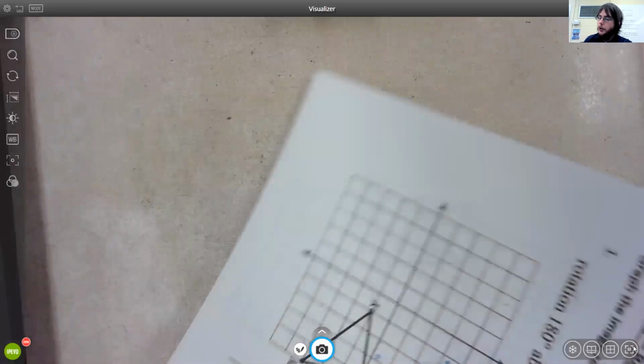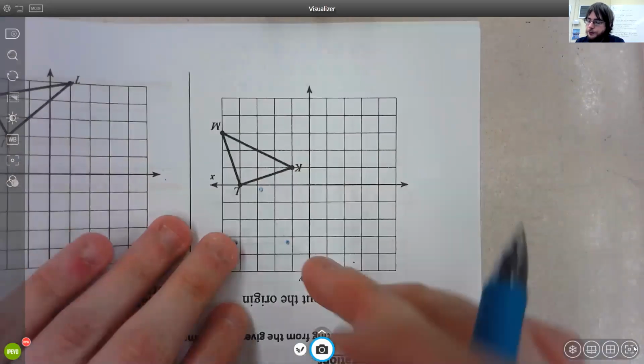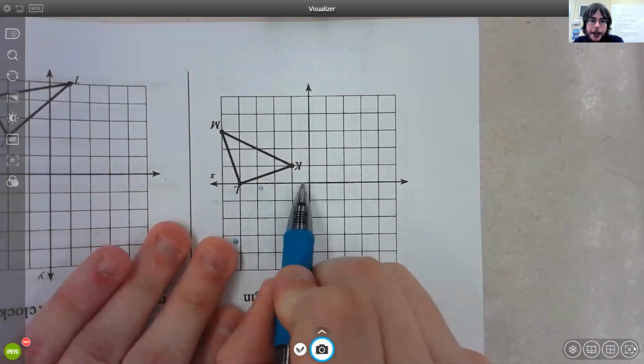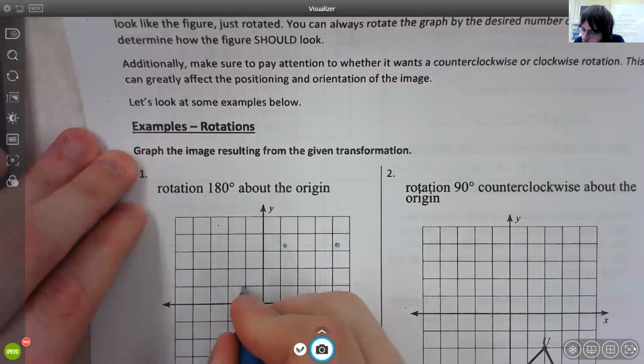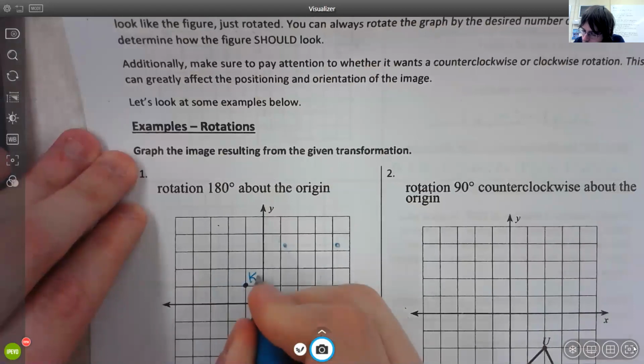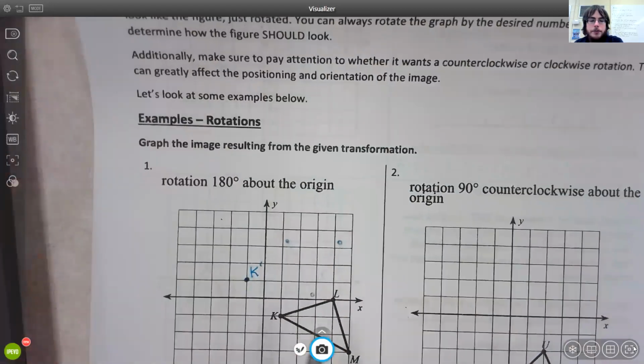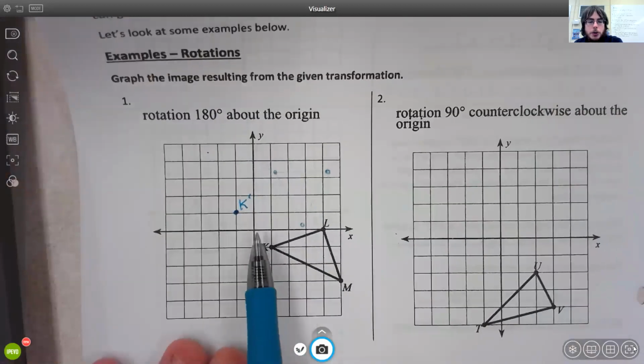So if we do that here, you've got K at -1, +1. That's your new coordinate for K prime. -1, +1. Now, if you look here, this was at 1, -1.